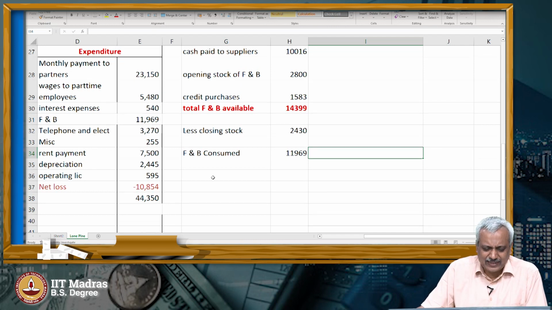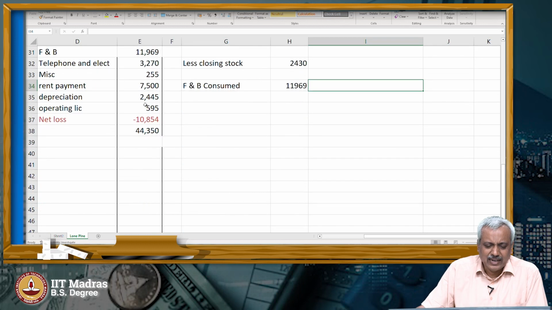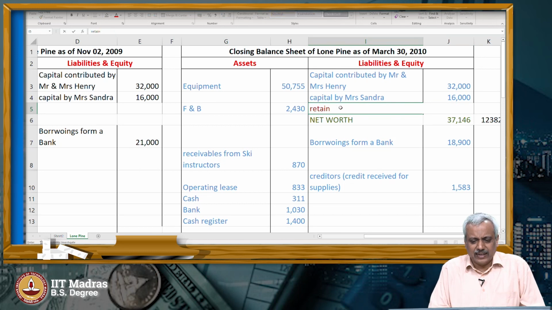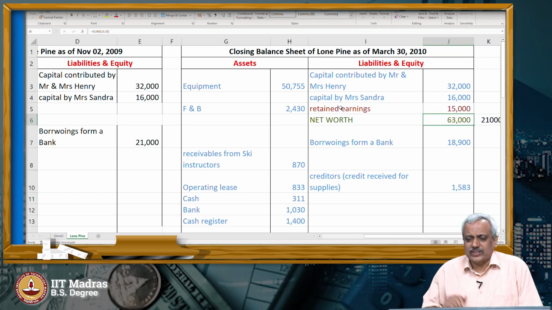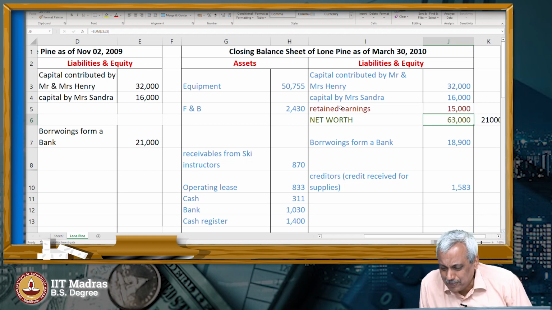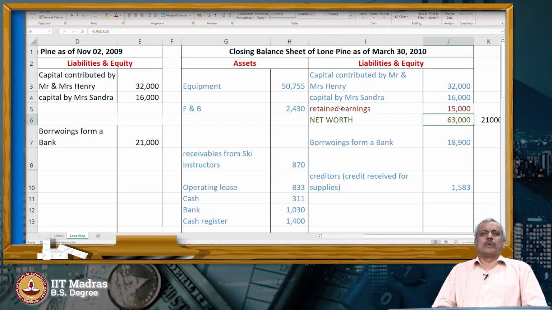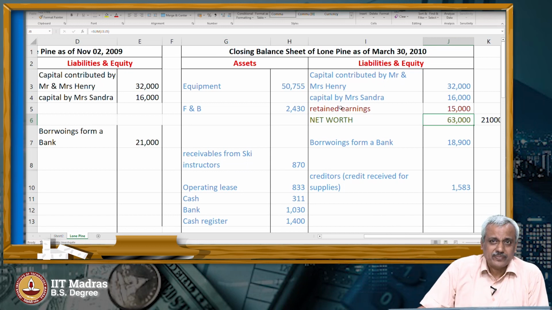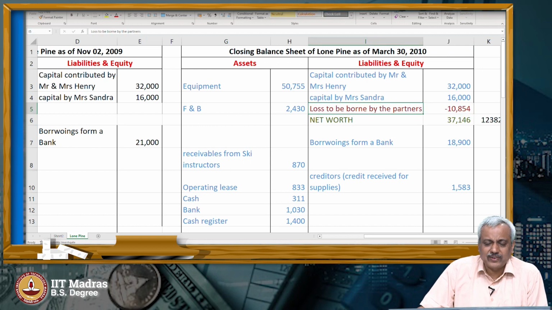In the earlier case, if the profit was 15,000 and they had not declared any dividend, the retained earnings will be the entire $15,000. The capital, which was 48,000, has now become 63,000. That is what we talk about when we talk about dividends.